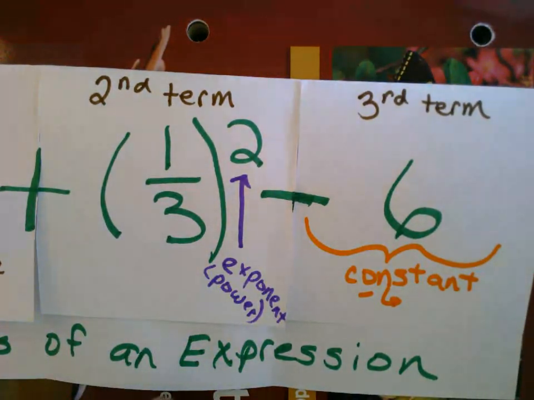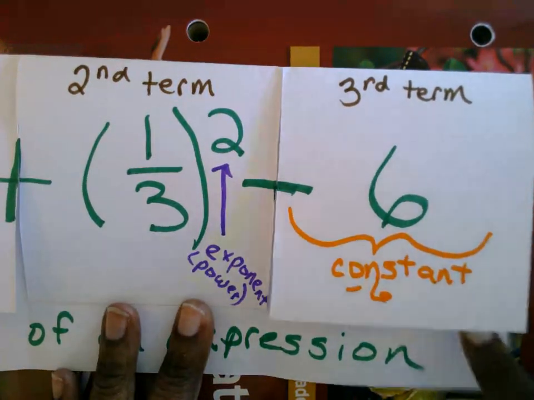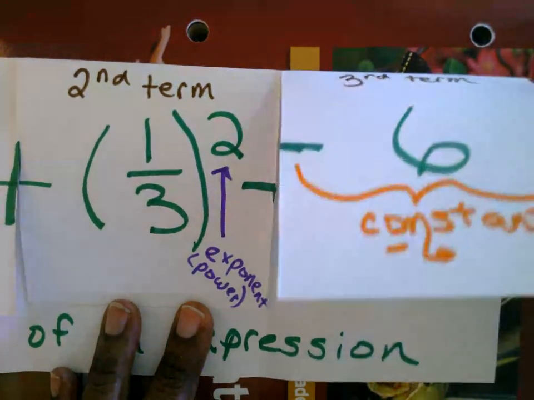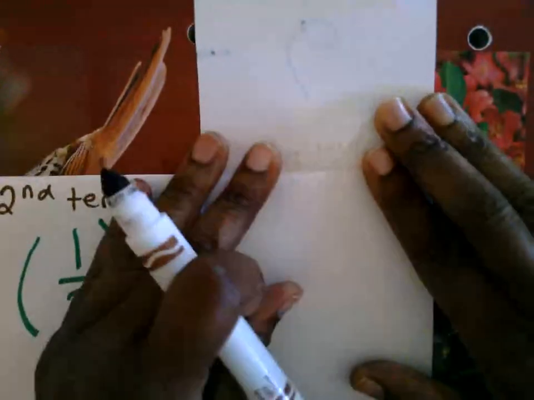Now, what we're going to do next is look at each one of these terms specifically so that we can evaluate to simplify the expression. So let's look at the constant first. Open the third term's flap and let's dive into exactly what a constant is.